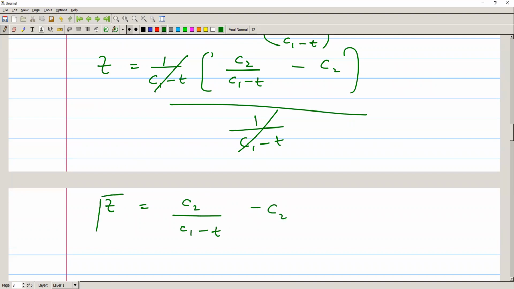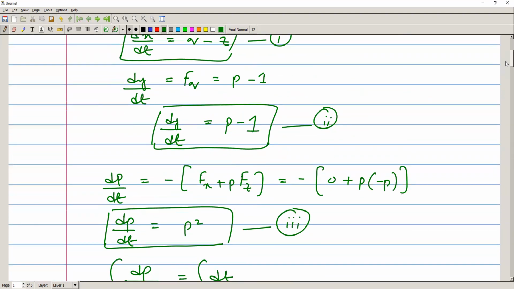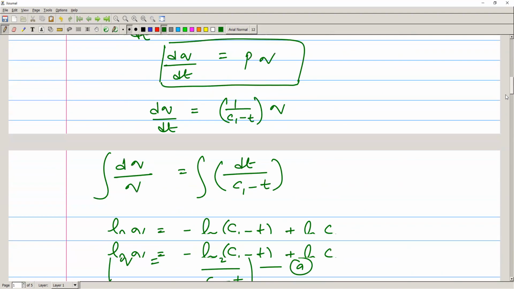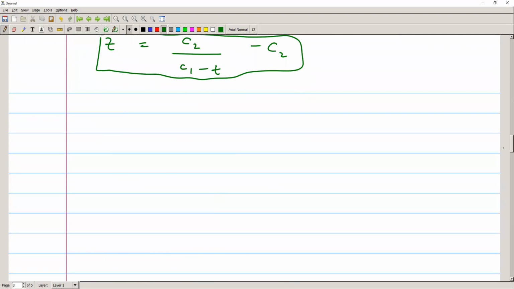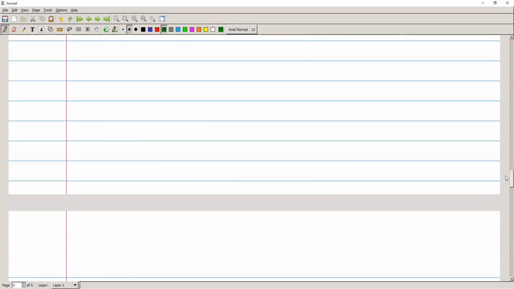So we got an equation in terms of t for z, and now we will put this z in the above equation, that is dx over dt is equal to q minus z. So we will replace it.